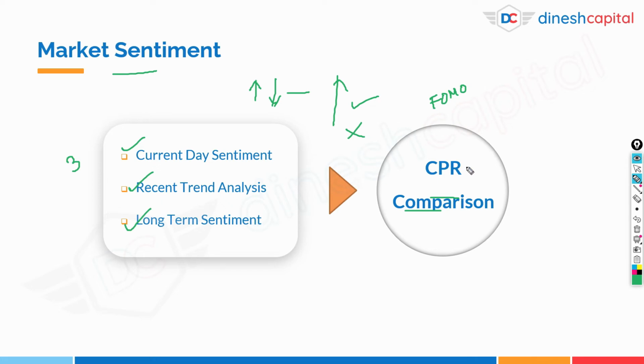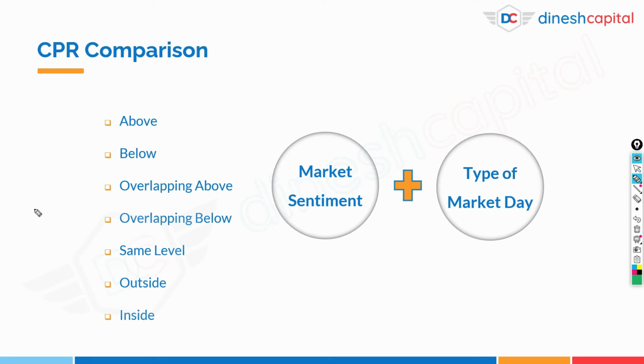We are going to find the current day market sentiment by using CPR comparison. So when we compare 2-day CPR, we have these possibilities: above, below, overlapping above, overlapping below, same level, outside and inside.